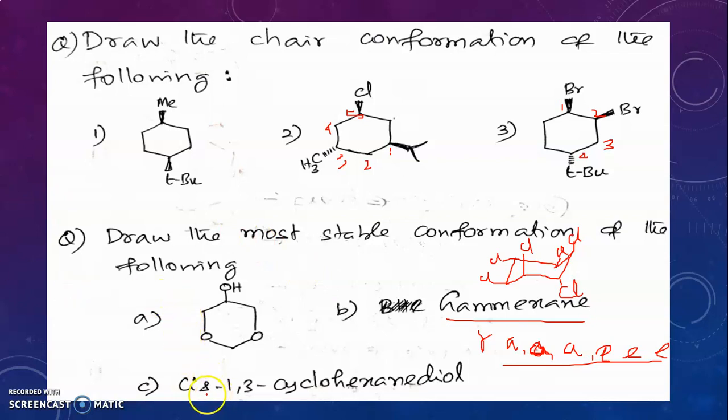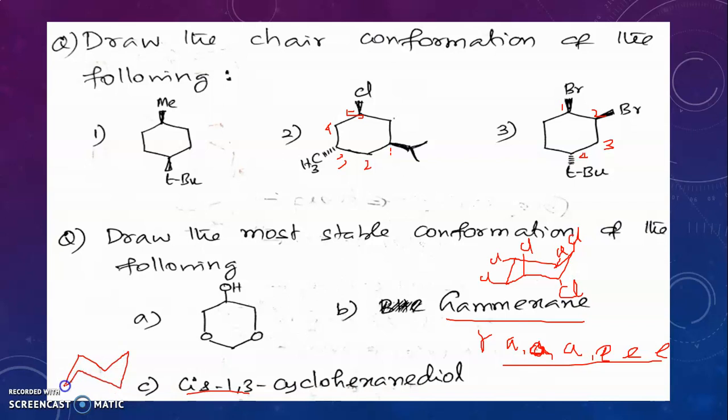Then the next question, cis 1,3 cyclohexanediol. You know very well, cis 1,3 means both groups should be either axial or both equatorial. Generally equatorial conformation is more stable, but in this case it is not like that. Why?